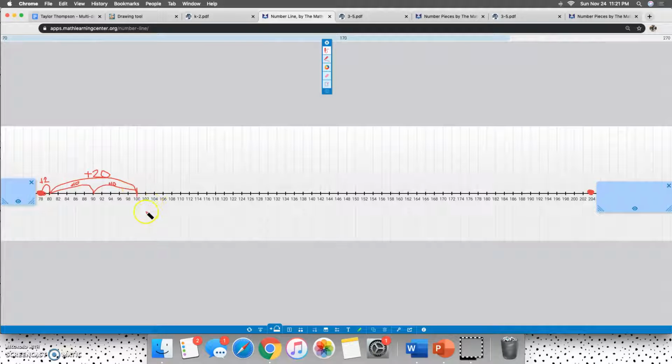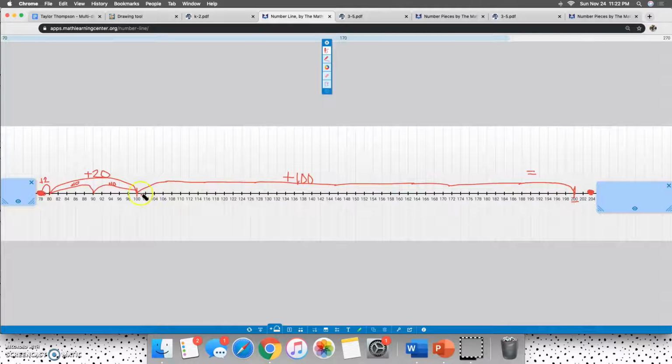Then the student will say, I know that 100 plus 100 is 200, and I still need to get above 200. So the student will benchmark 100 at this point, or 50, or just a multiple of 10 in general, until they get to 200. And the student will recognize that 100 plus 100 equals 200.